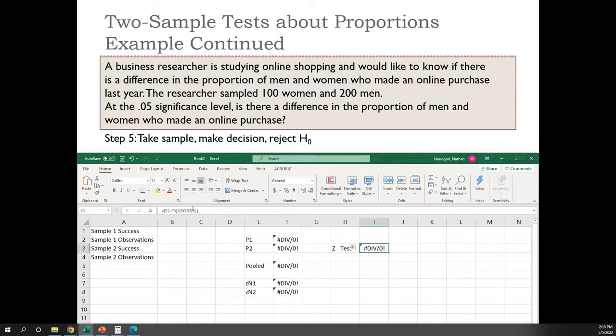Now when we do the square root, we can just tell it to add those two together. A lot easier, shorter on the formula, and it separates everything out in case an error happens.